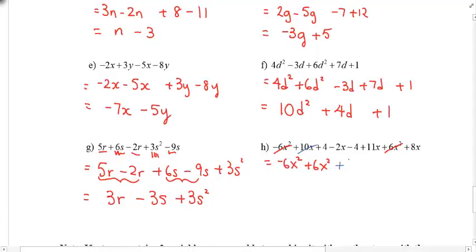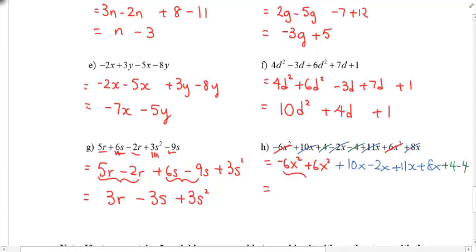So I got 10x, I got this minus 2x, I got this plus 11x, I got this plus 8x. Cool. And finally I've got my numbers, so 4 and also minus 4. So just by crossing it out, I can now figure out I've taken care of every single term. Now, let's go and collect like terms and simplify.